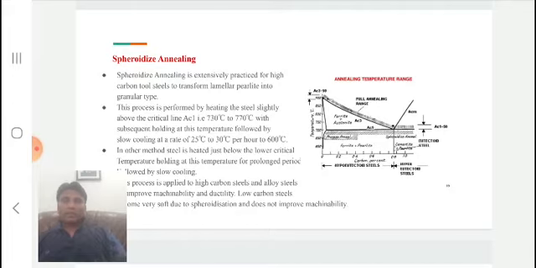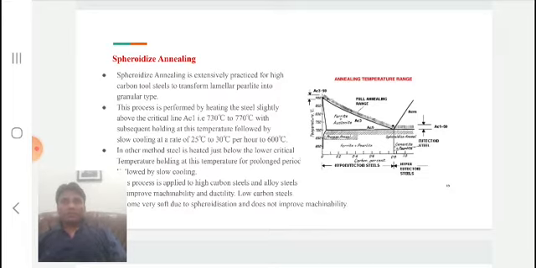In the first method, the steel is slightly heated above the A1 line, that is around 730 degrees centigrade to 750 degrees centigrade, with subsequent holding at this temperature, followed by slow cooling at a rate of 25 degrees centigrade to 30 degrees centigrade per hour to 600 degrees centigrade.